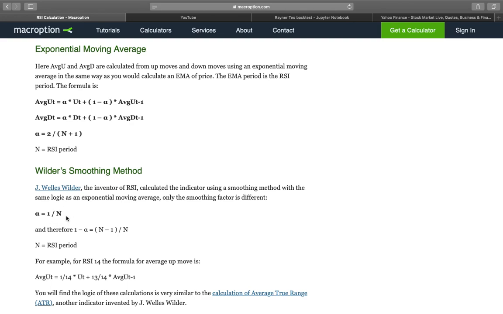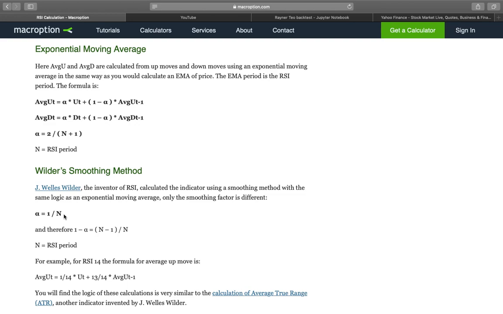Python has no function to use this Wilder's smoothing method, so I have to transfer this method to the exponential moving average. How can I do so? I know that the alpha is the only difference: alpha is defined as 1 divided by n in Wilder's smoothing method, and as 2 divided by n plus 1 in the exponential moving average. The n here is 10, so my alpha should be 1 divided by 10.